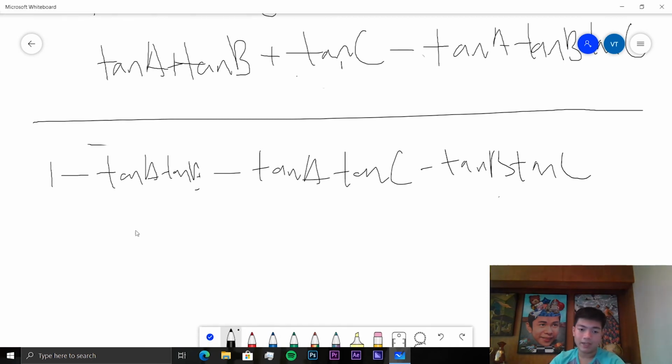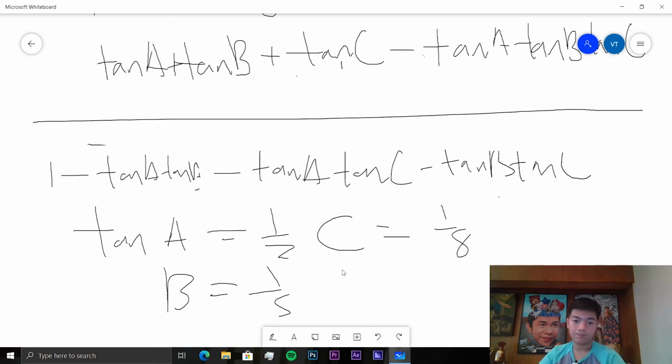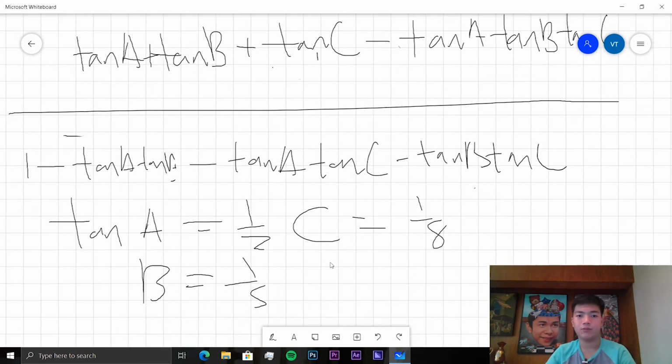So now we're given A, B, and C are acute, and tan A is equal to 1/2, tan B is equal to 1/5, and tan C is equal to 1/8. Then we need to find A plus B plus C. And so we can plug it into this formula here.